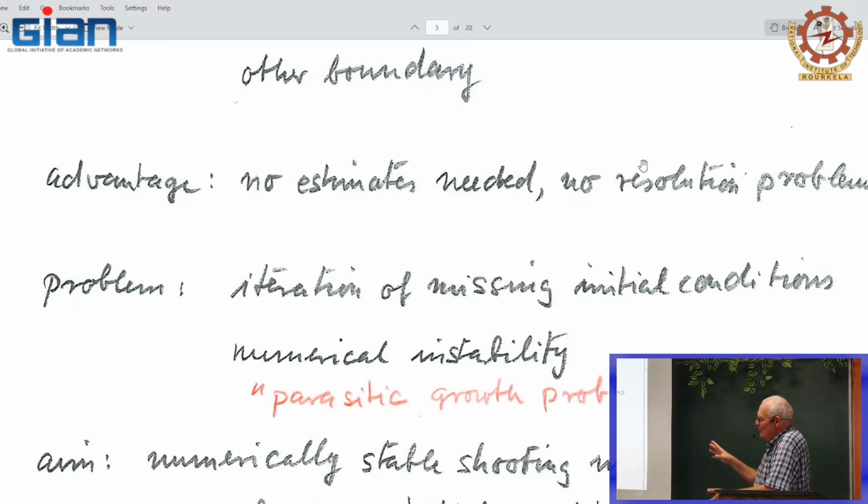To reach a numerically stable method, we should not have an ambiguity in the initial condition, because the ambiguity in the initial condition leads to the capture of this diverging solution.